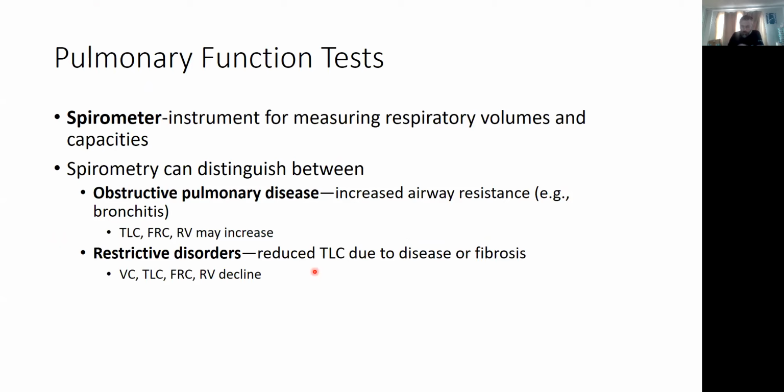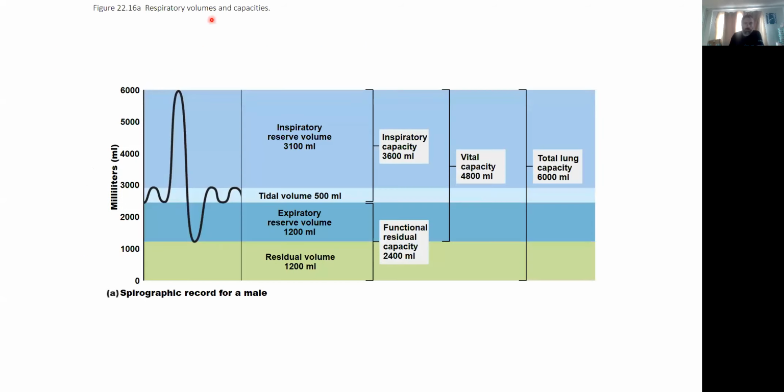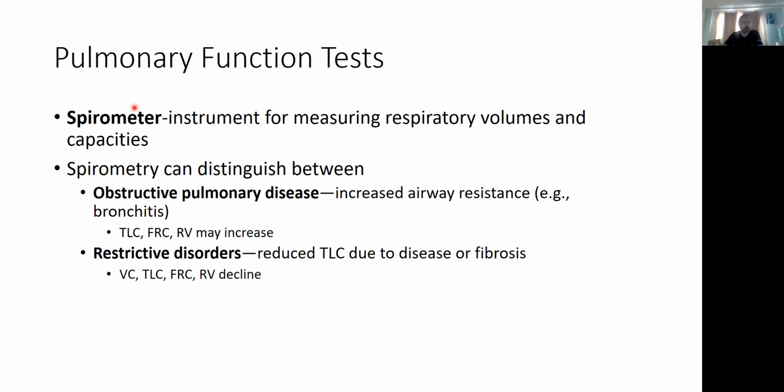What we saw before, right, on this particular little graph here, is one of our basic pulmonary function tests called a spirometer or spirometry. And it's basically just a tube that you breathe into, and it measures the respiratory volumes. Right? It's all very, very easy.